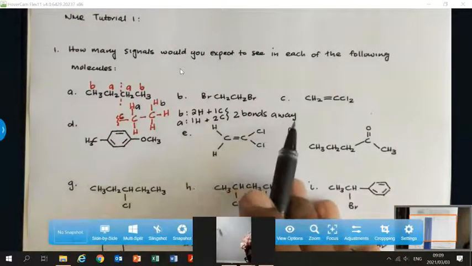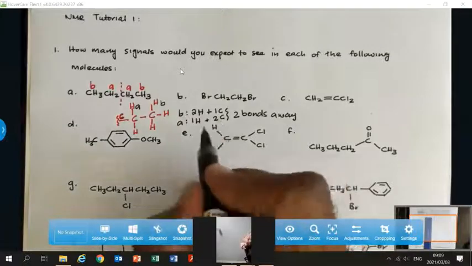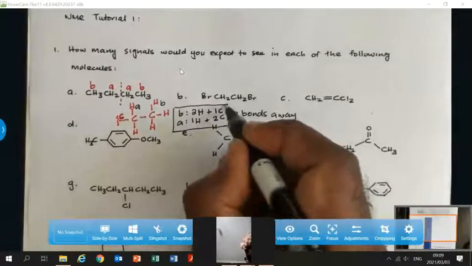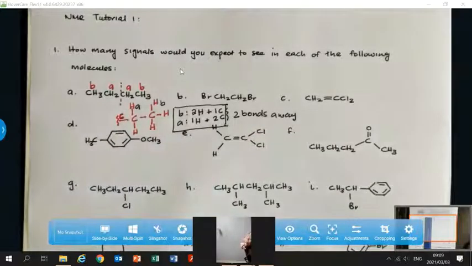Right, so all these are 2 bonds away. So if I look at this that I have here in this box, and I just interrogate this a little bit further, what I end up with is 2 hydrogens and 1 carbon, and 1 hydrogen and 2 carbons.